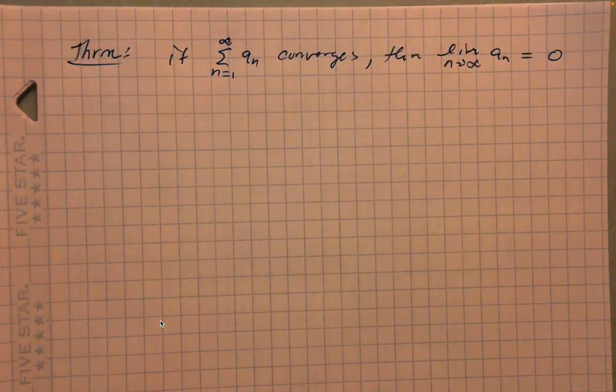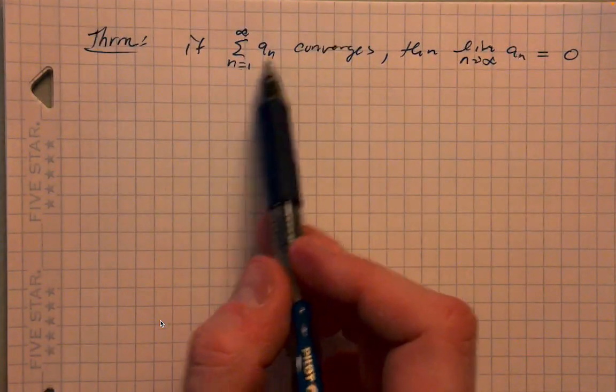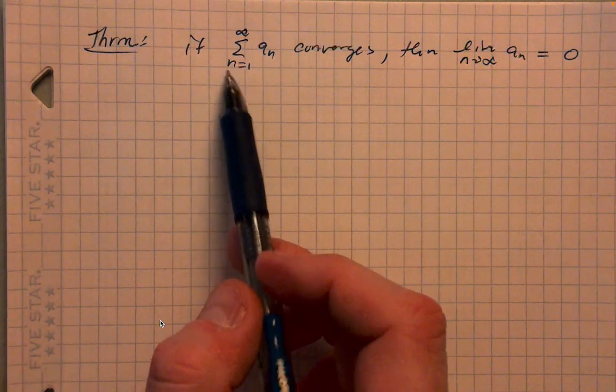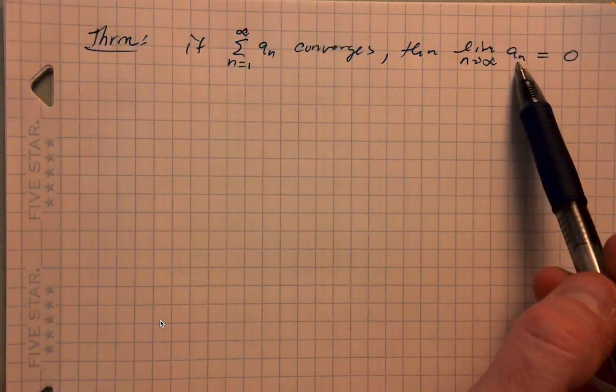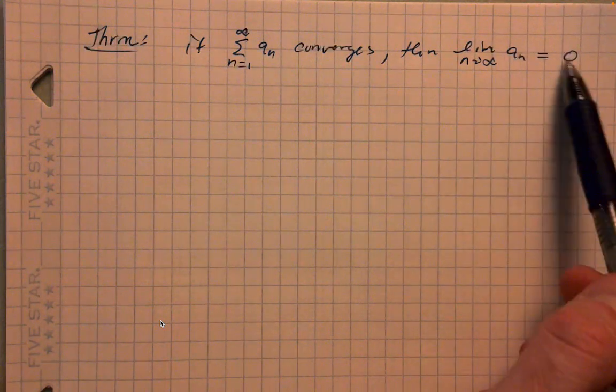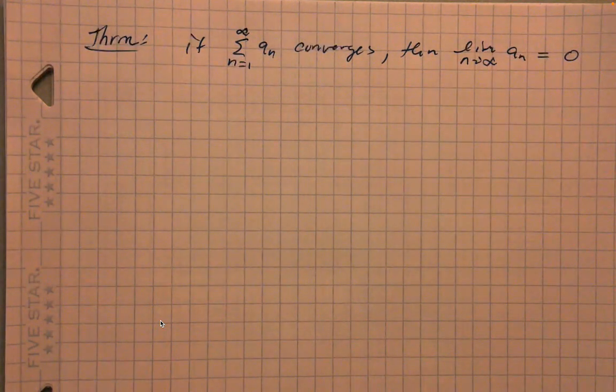That's a simple statement, but a pretty powerful one. So if the series converges, what that basically means is that the terms of the sequence must converge to 0. If you're going to add up all these terms, then the sequence itself needs to diminish to 0. The terms of the sequence need to get smaller and smaller until they basically vanish.